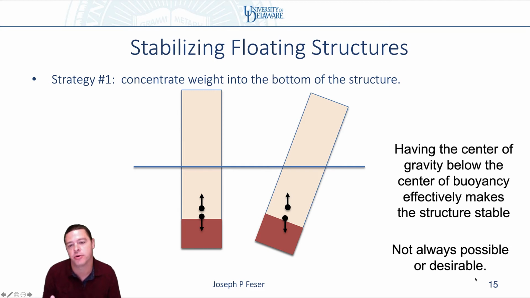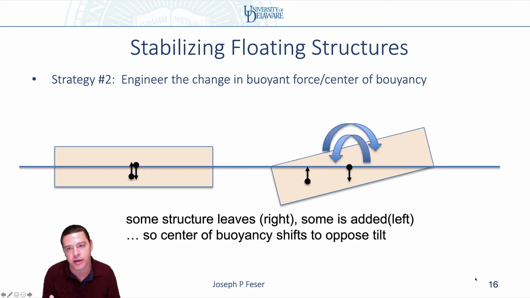I think the most common way to deal with that situation is to utilize the fact that when you tilt a structure, the center of buoyancy shifts. Here's an example of a structure that is more flattened. Notice that the key thing is that it's more flattened with respect to the initial waterline.